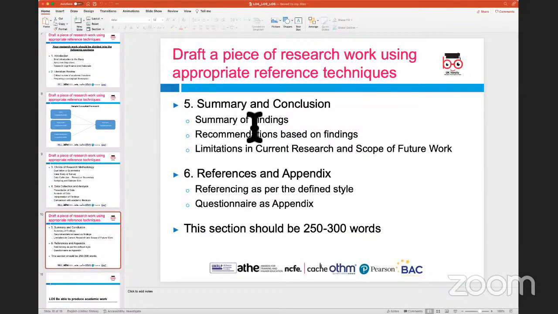And towards the end, you're looking at putting some words in for what could be the proposed conclusion you're expecting to draw from undertaking this study, what could be the findings that you uncover. And then towards the end you put references, and obviously things like a questionnaire that you would have used to collate that. And that is something which is put together in the research project specification for this particular learning outcome 4.